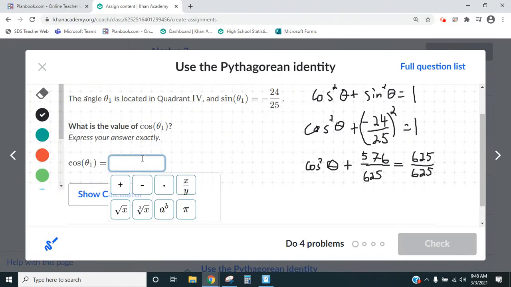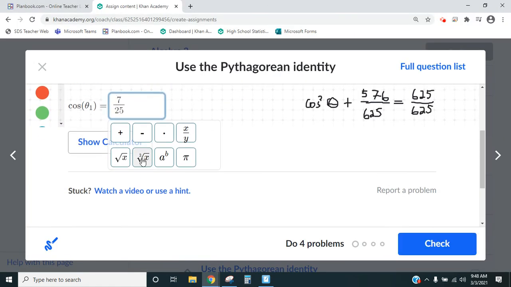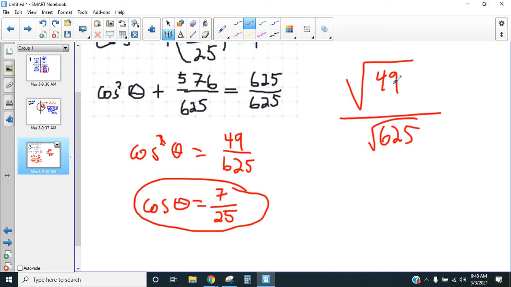Okay. Now, it won't always be that we can simplify the square root of this number on the top. So let me just do this real quick. Let's pretend we got an answer like this. Let's say it wasn't 49. Let's say it was like 51. You can't take the square root of 51.